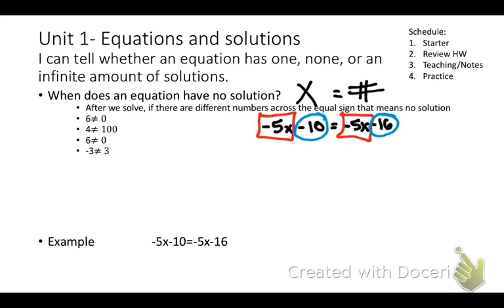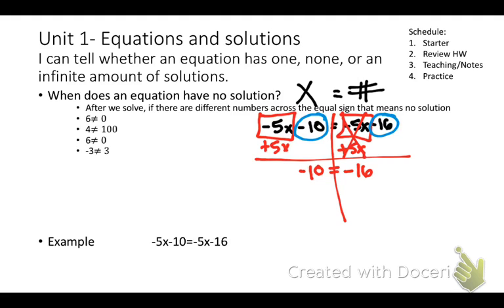I'm going to move this negative 5x, so that's positive 5x to both sides. And now I'm going to solve. These cancel out because I know they do. Now I have negative 16. I haven't done anything with that negative 10 yet.